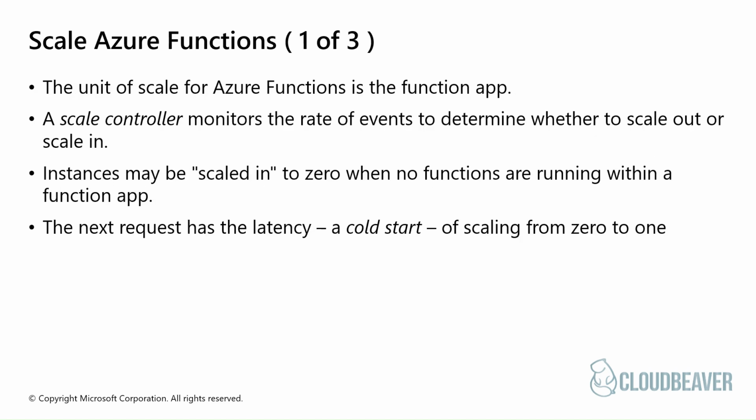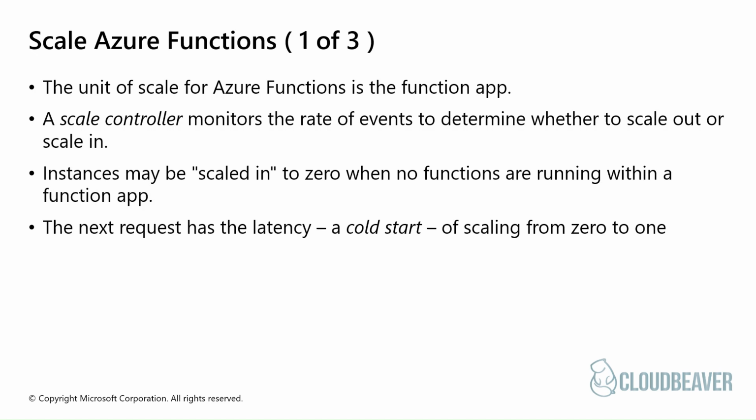Now, talking about scalability in Azure Functions, the unit of scalability is based on the function. There is something called the scale controller. A scale controller constantly monitors and determines when to scale out or scale in the number of server instances you get for a function app.